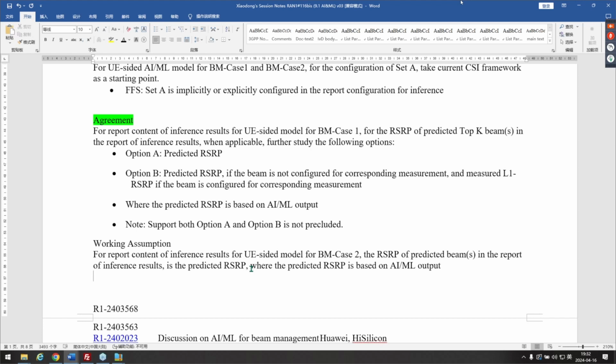But in that case, the predicted one should also be replaced by the measured one, under the logic of the previous agreement. So we think it is maybe too early to conclude that predicted RSRP should be the only choice for BM case 2. We are not saying that we prefer what I have described, but we need further study.